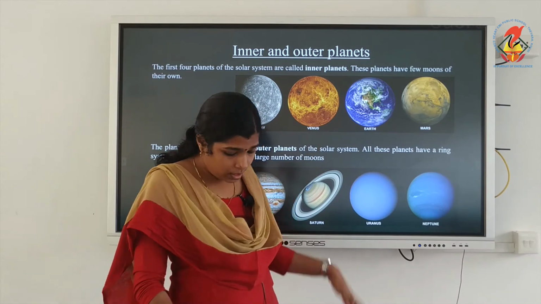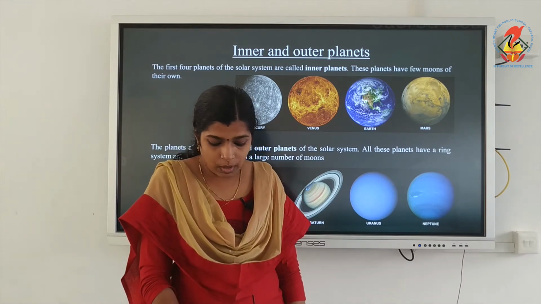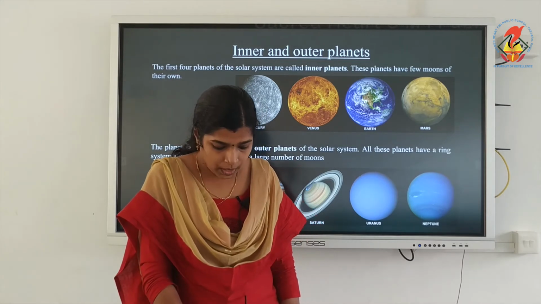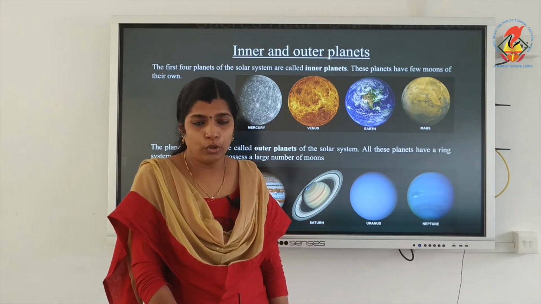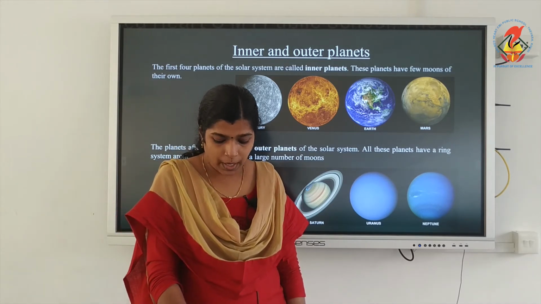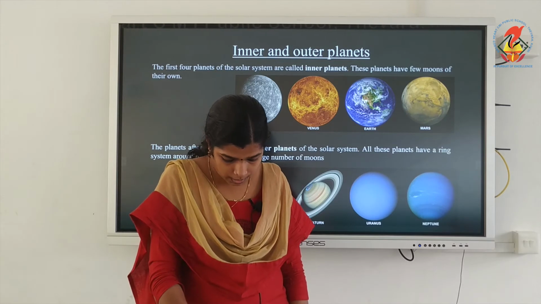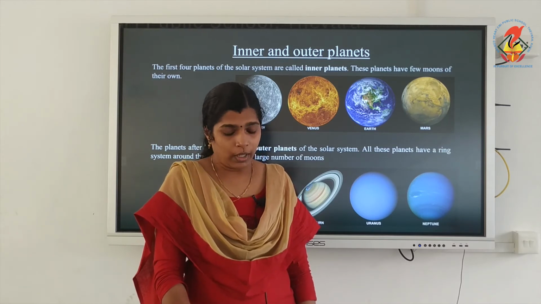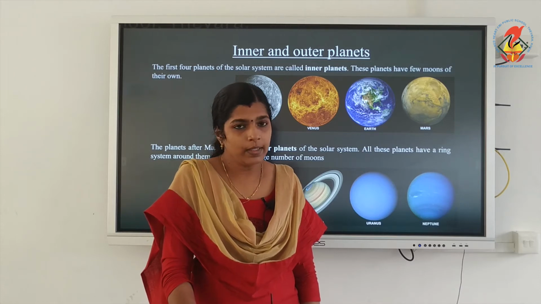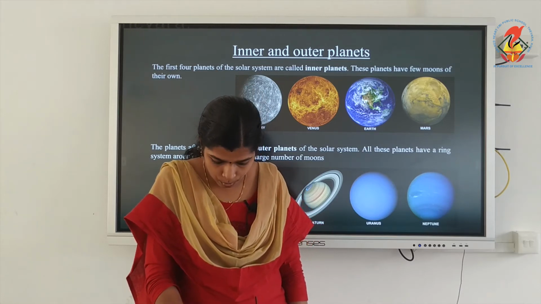For the terrestrial planets, the word comes from the Latin word terra, meaning land. Terrestrial planets are Mercury, Venus, Earth and Mars. All terrestrial planets are very close to the sun. In addition, terrestrial planets rotate slower and have fewer moons.